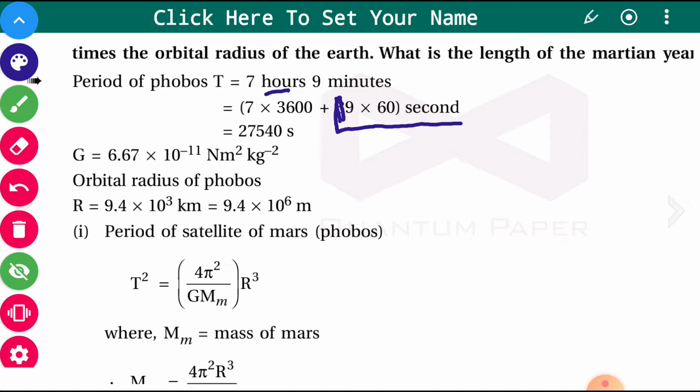So 1 hour is 3600 seconds. The total will be 27540 seconds. Now the orbital radius is given. It is 9.4 into 10 raised to 3 kilometer. Convert into meter by multiplying by 10 raised to 3. So this becomes 10 to the power 6.